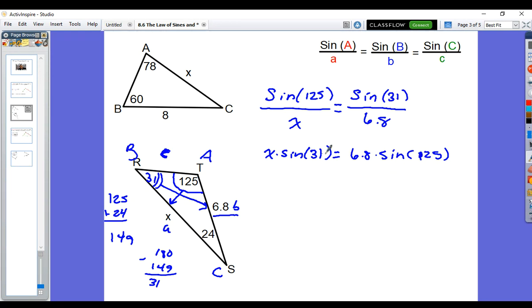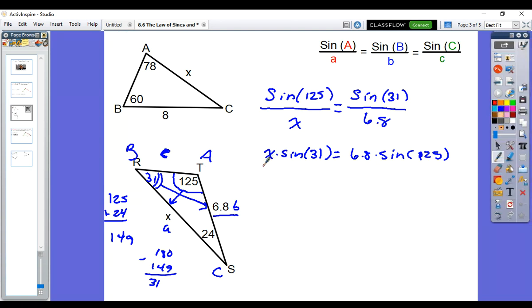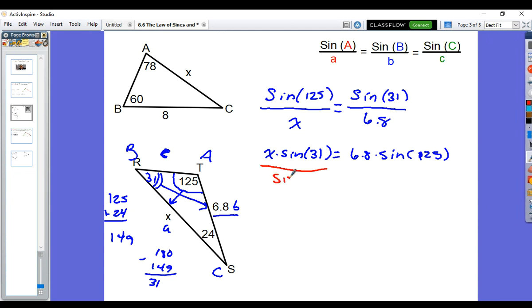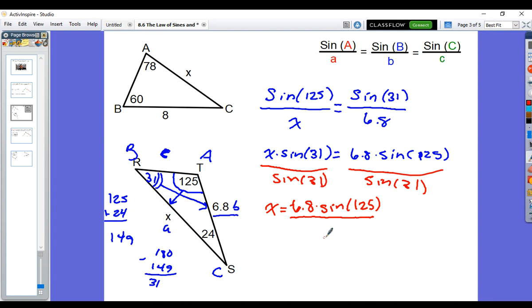Then, just like before, to get x by itself, we're going to divide by this whole sine of 31. Divide this side by sine 31. So in your calculator, you won't have x equals, but this is what you can put in the calculator: 6.8 times sine of 125 over sine of 31.